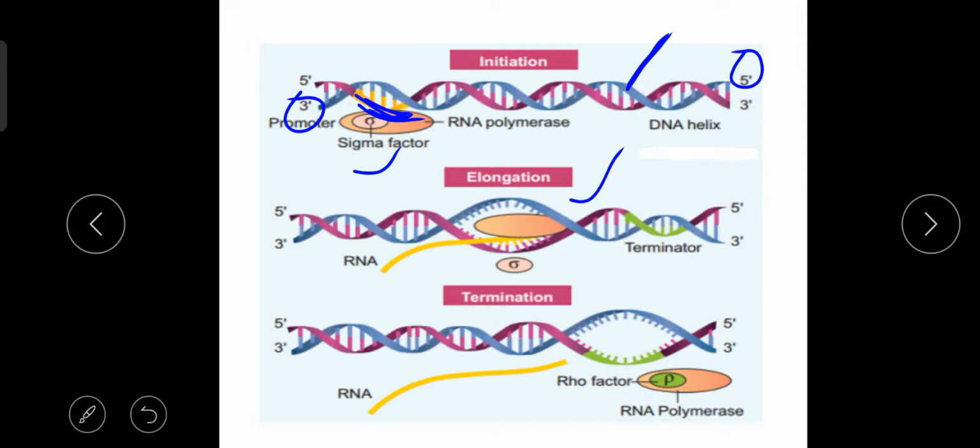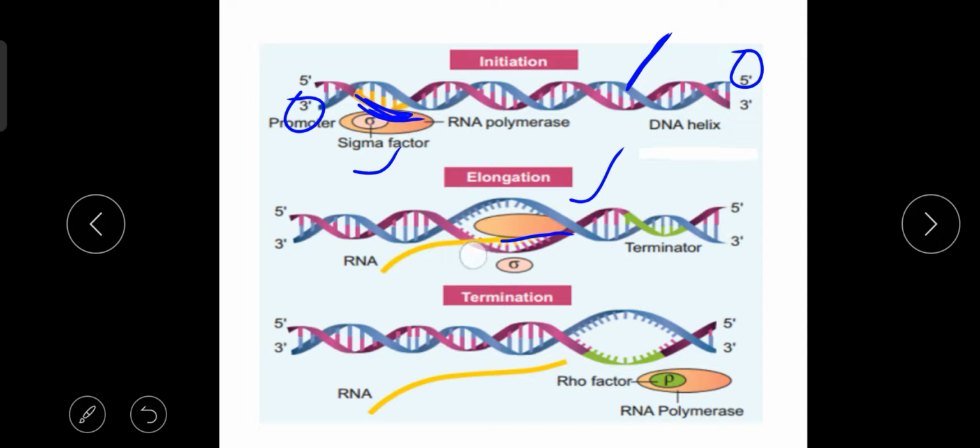Now the second stage, the elongation. In elongation, the RNA polymerase moves along the template DNA strand. Remember, once the RNA polymerase binds to the promoter site, it proceeds along the template DNA strand, and simultaneously it polymerizes the long chain of RNA by the addition of ATP, GTP, CTP and UTP.